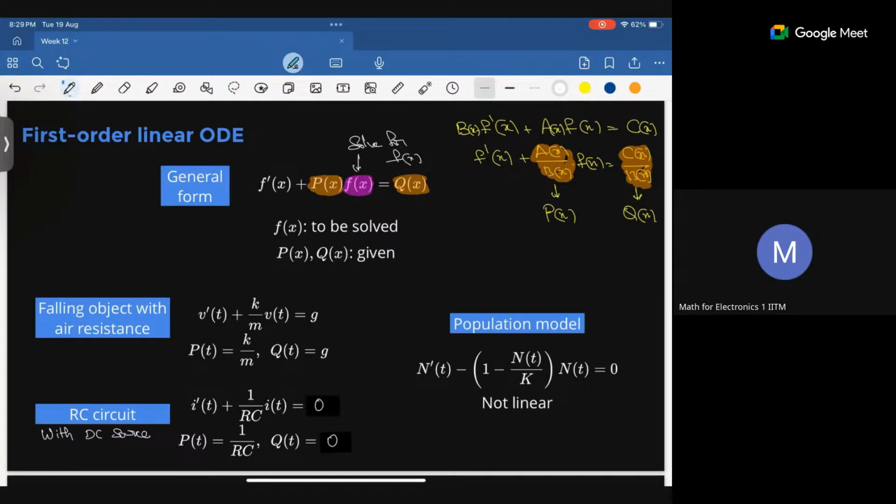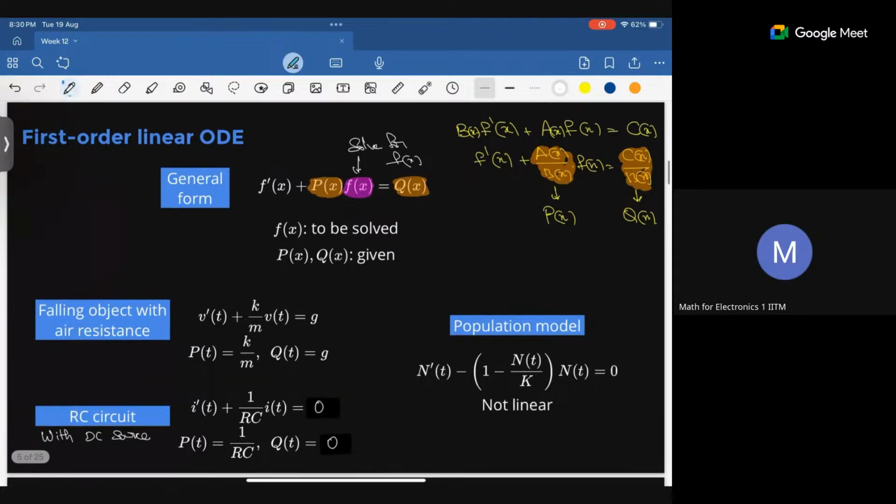linear ODEs. And since I mentioned linear many times, there are non-linear ODEs also, where you will see expressions like powers. You will have something like functions whole square or derivatives whole square, whole cube.